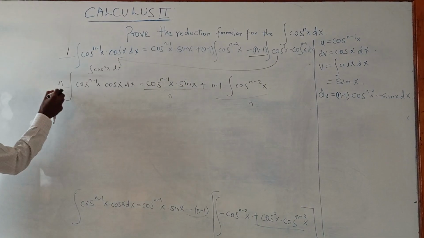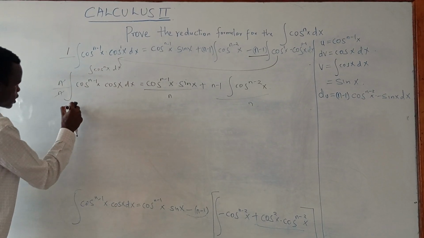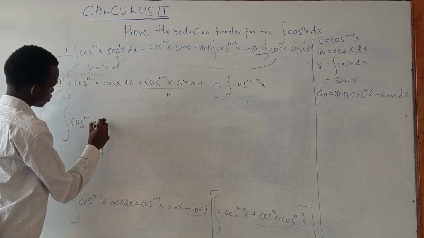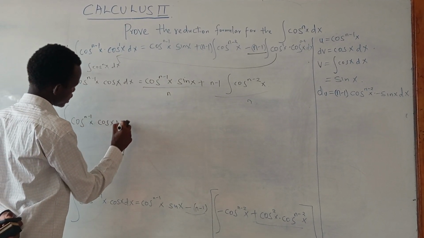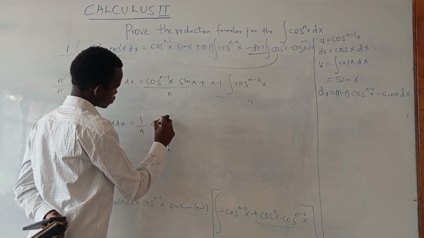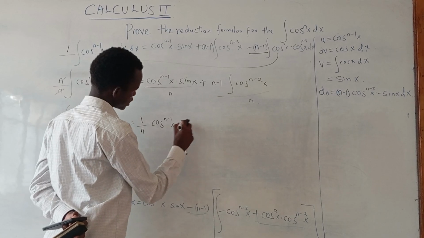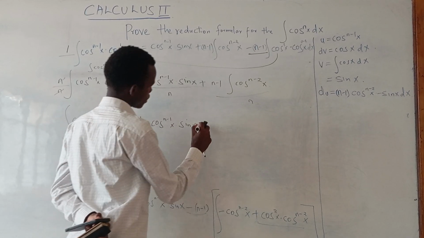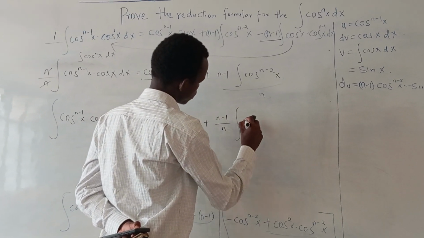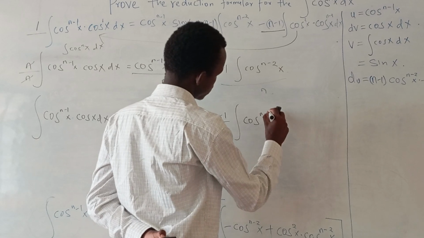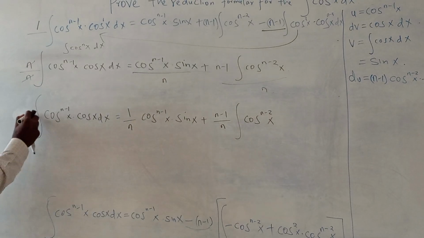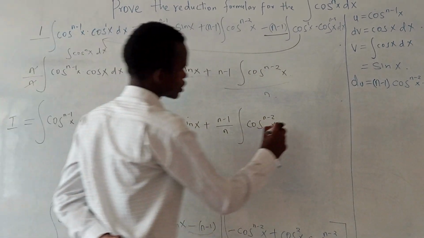So our final expression will be, n goes with n, the integral of cos to the n of x dx equals 1 over n cos to the n minus 1 of x multiplied by sine of x plus n minus 1 over n, the integral of cos to the n minus 2 of x. So we have already proven this is the answer, plus a constant c.